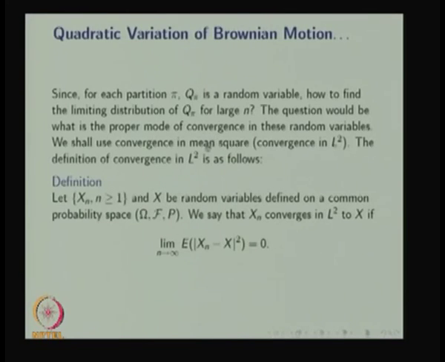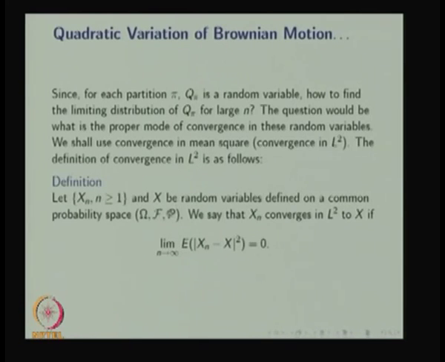We shall use the convergence in mean square, that is convergence in L2, to find the limit of Q of pi as norm pi tends to 0 and n tends to infinity. So for that we are going to define the convergence in L2.